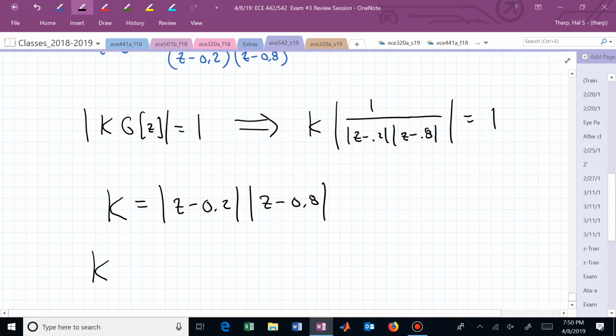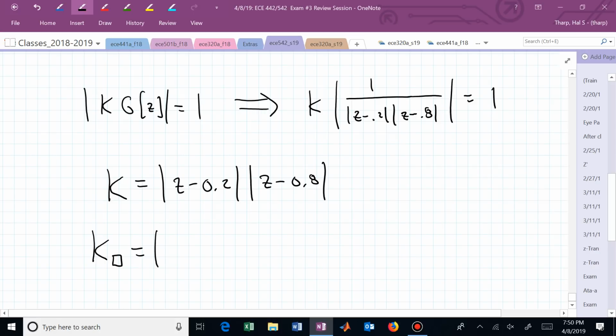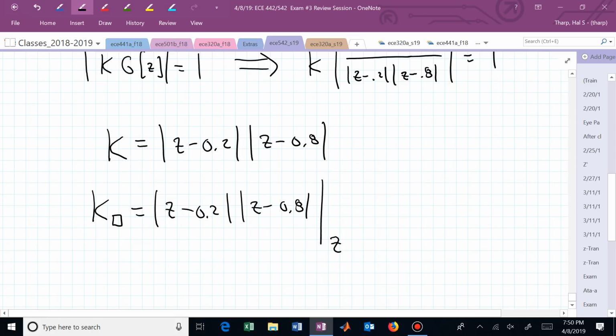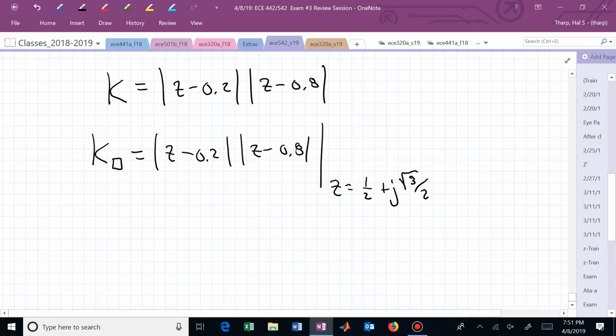And if you wanted to find what the value is at k box, let me just say z is now 1/2 plus j square root of 3 over 2. You plug in that value of z, and both of those magnitudes are going to be the same, so you just have to really evaluate one of them, and then square that value, and you have k box, or the k for stability now.